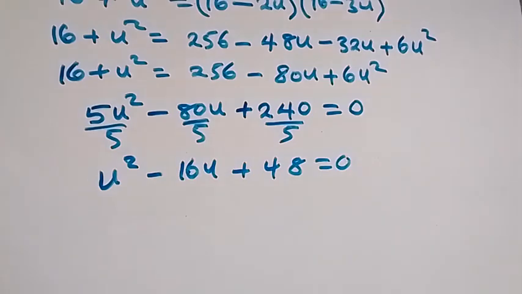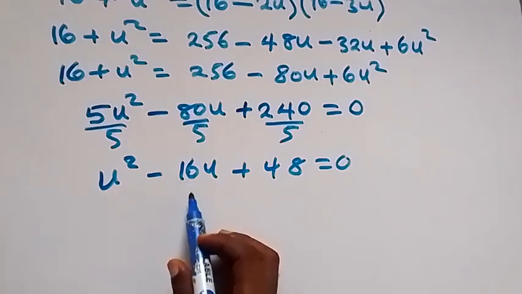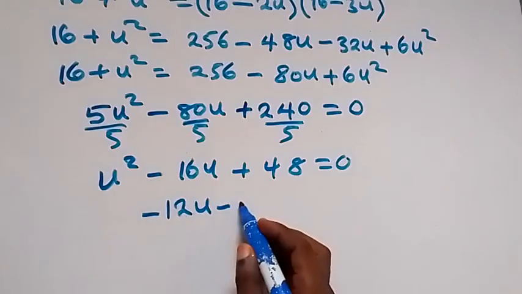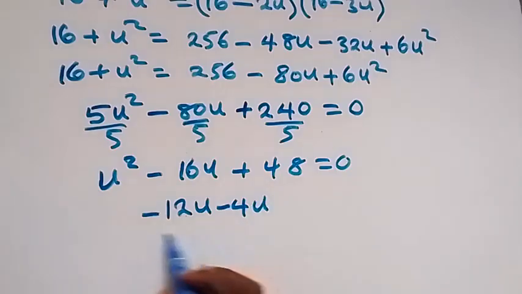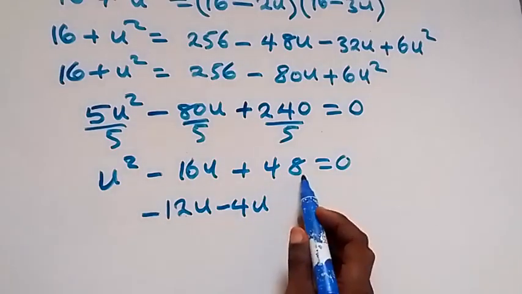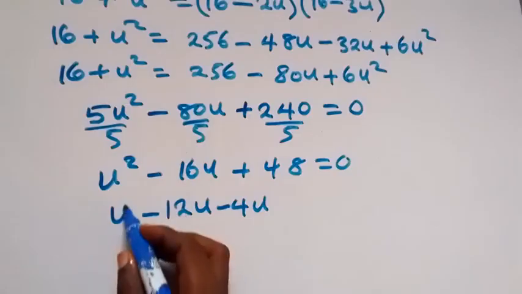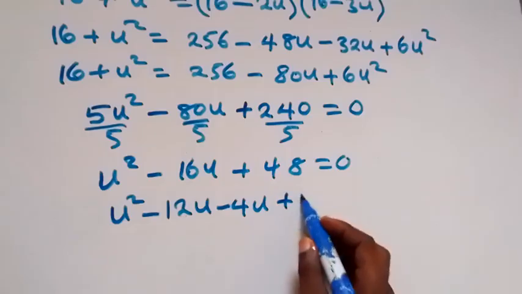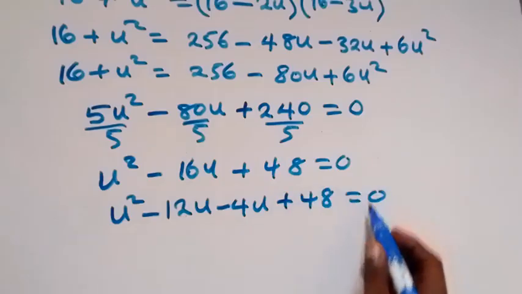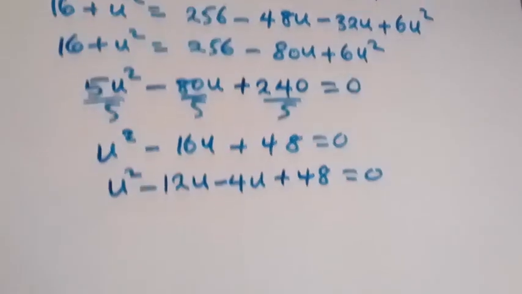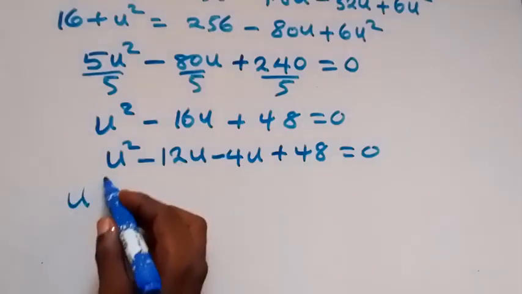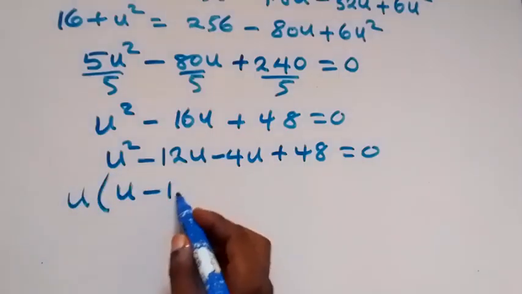Then we can solve this quadratic equation and we factorize. We separate minus 16u as minus 12u minus 4u. Also, when we multiply these, it gives us plus 48u squared. So we have u squared minus 12u minus 4u plus 48 equals 0. Then when we group this together, u is common, so this gives us u into bracket u minus 12.